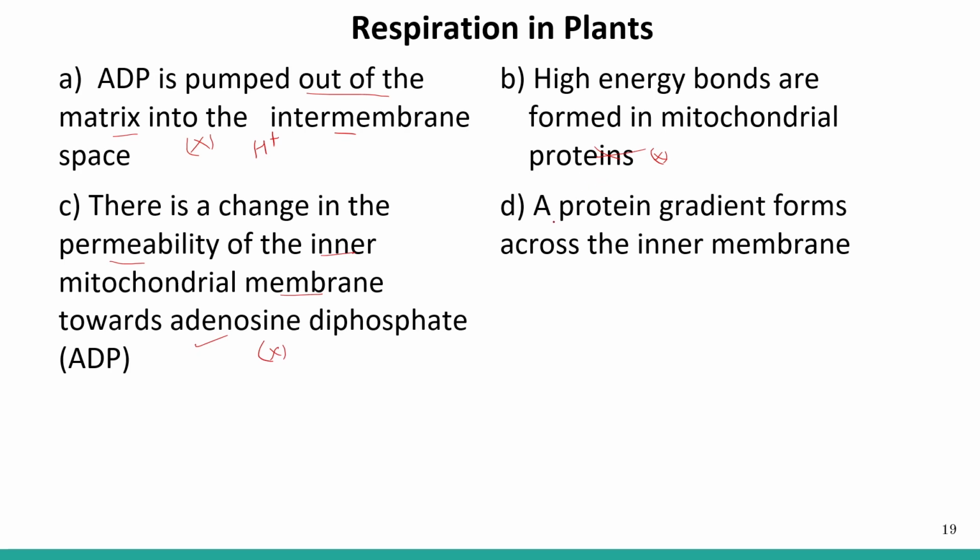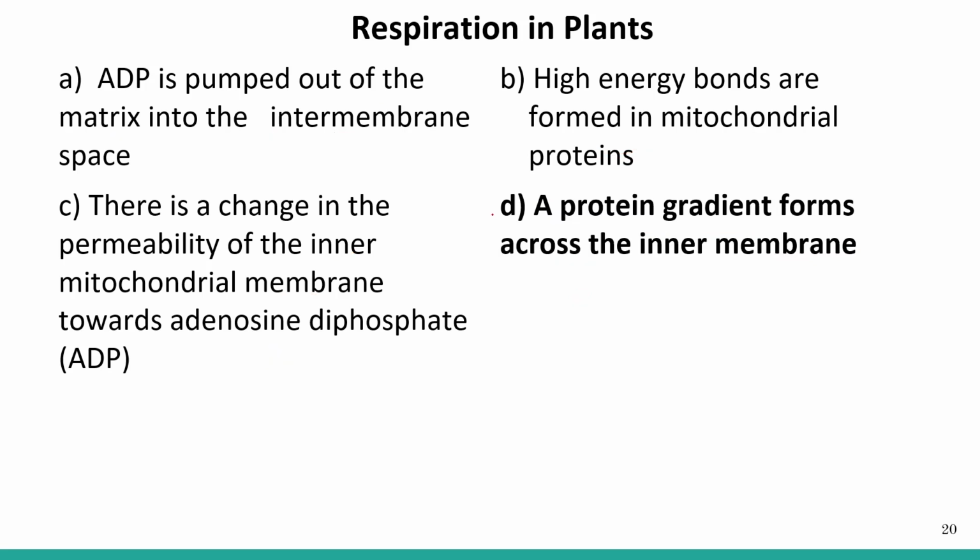The last option is that a proton gradient forms across the inner mitochondrial membrane. This option is correct. A proton gradient is formed across the inner mitochondrial membrane when there is a downhill transport of electrons.